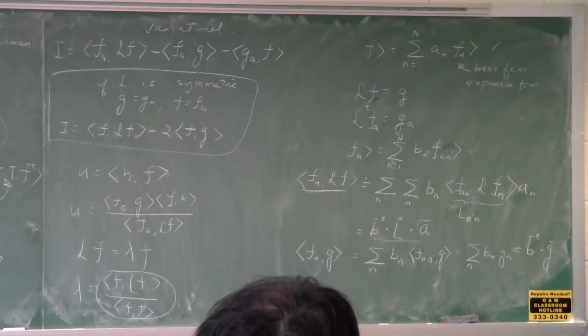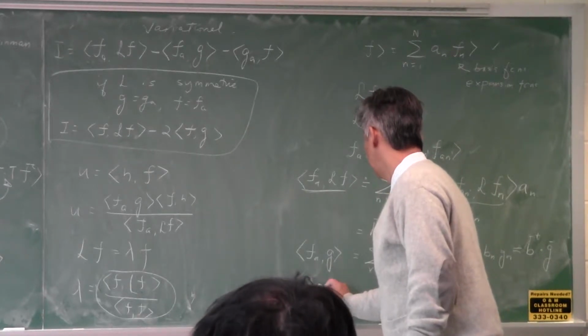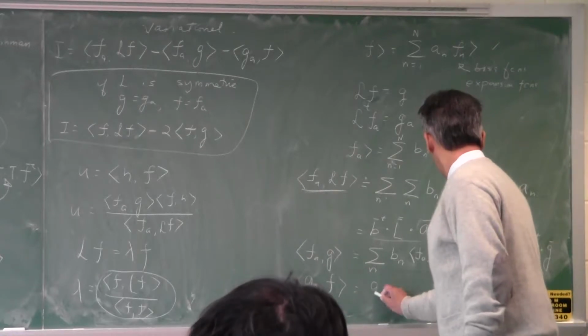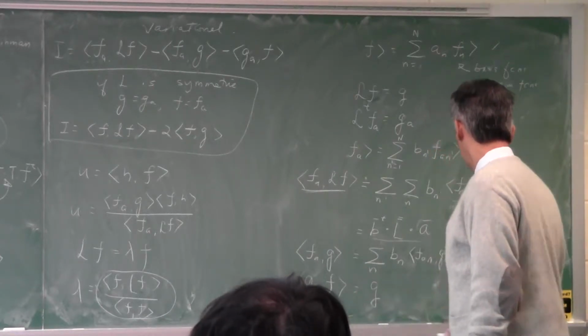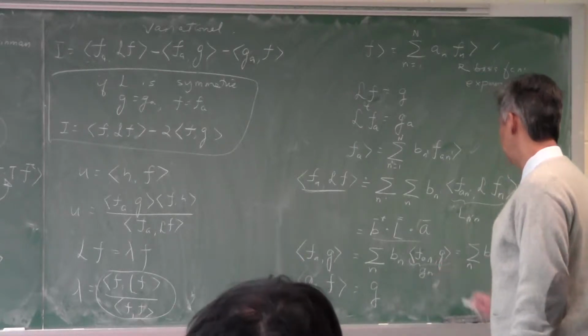And then the third term will just become GA, F will just become G. I'm calling this thing Gn.